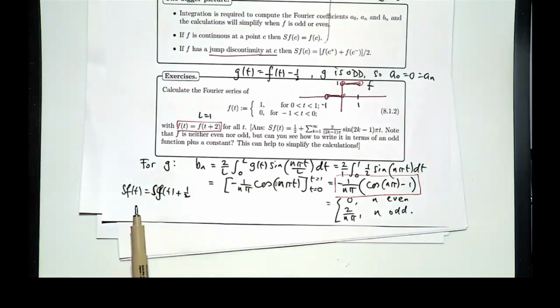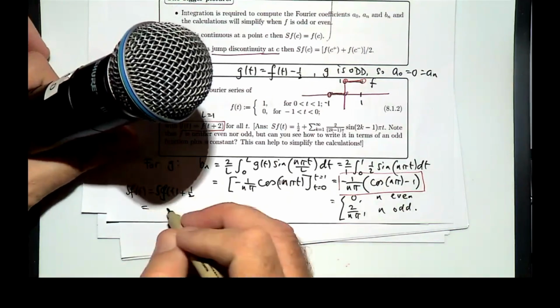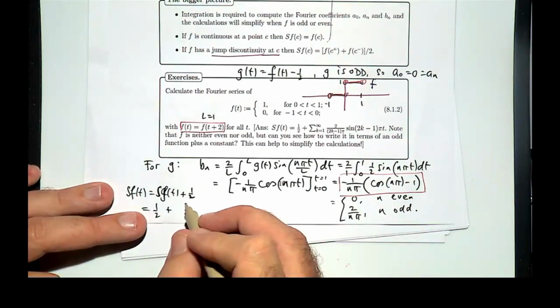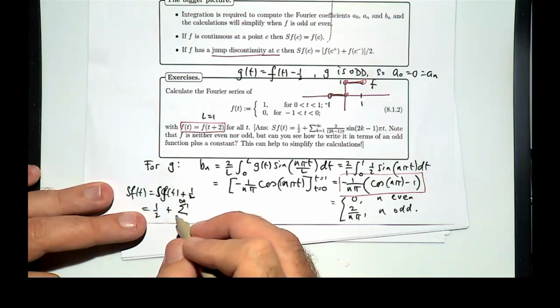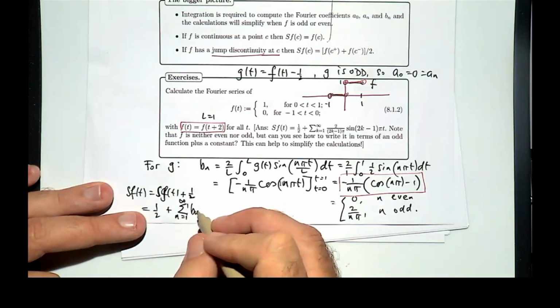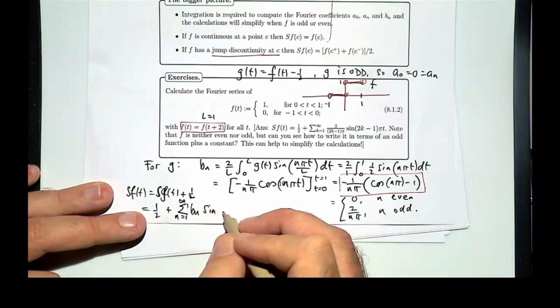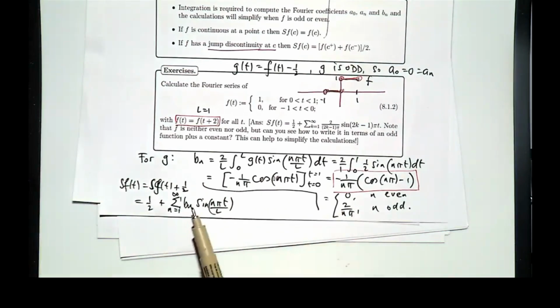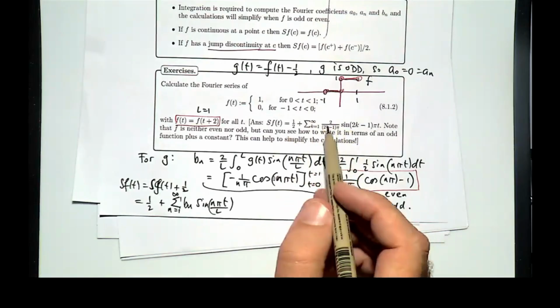My Fourier series for my original function is going to be that plus a half, so I'm shifting everything back. So we can simplify it down to that.